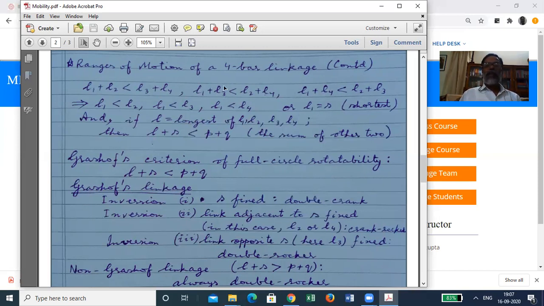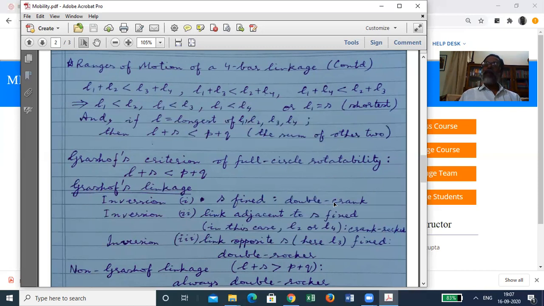This one anyway remains as it is if you interchange L2 and L4. In this, if you interchange L2 and L4, then in this place you will get this. And here, as you change that, in this place you will get this. So these same three things you will get for the condition of full circle rotatability of L4 relative to L1. So under the same conditions, not only L2 but L4 also can rotate full circle if the shortest one is fixed. That is why it is called double crank.